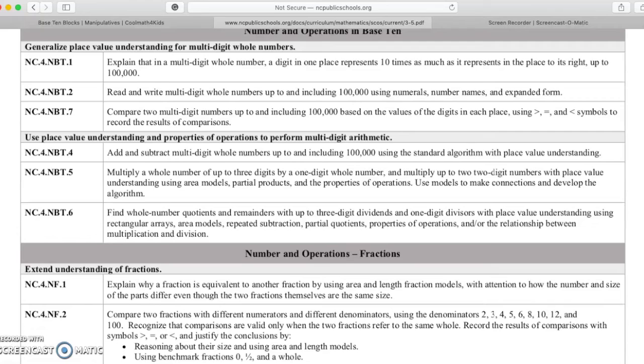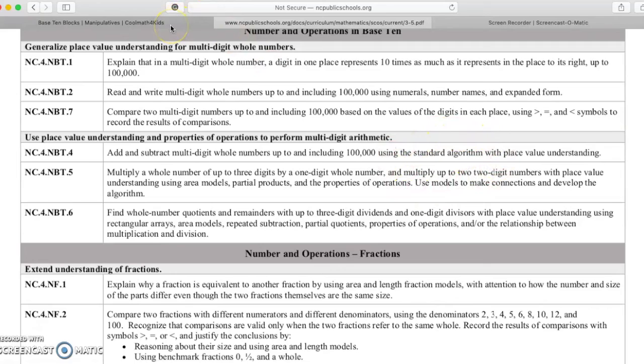Now that we've explored 2nd grade and 3rd grade, we're going to move on to our last grade, which is 4th grade. And we're going to be looking at the standard NC.4.MBT.4. And this standard is add and subtract multi-digit whole numbers up to and including 100,000 using the standard algorithm with place value understanding.